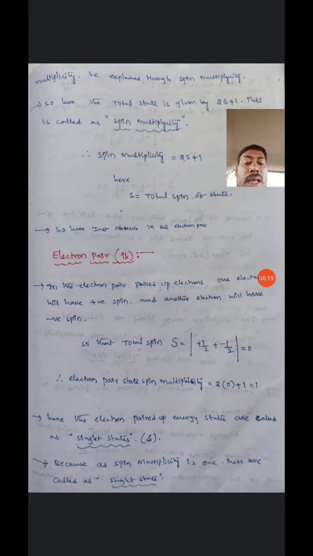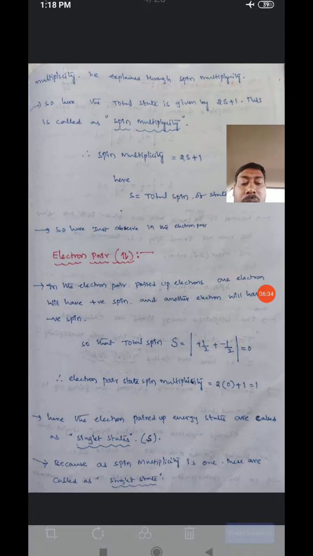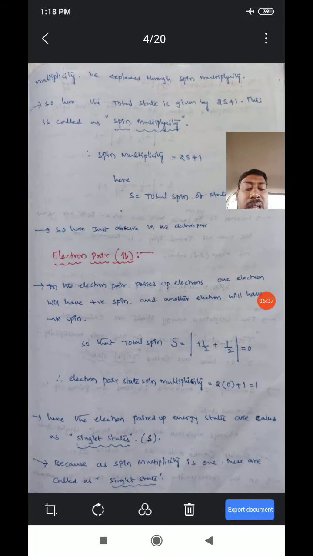Therefore the spin multiplicity is equal to 2 into 0 plus 1, that is equal to 1. So the electron paired up energy states are called singlet states, because the spin multiplicity is 1.